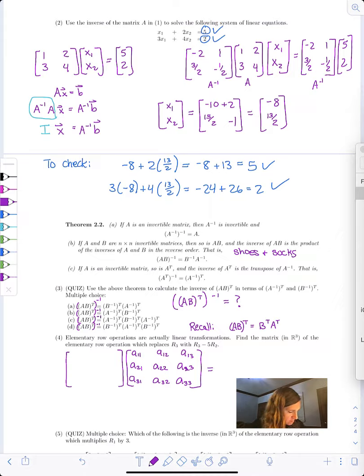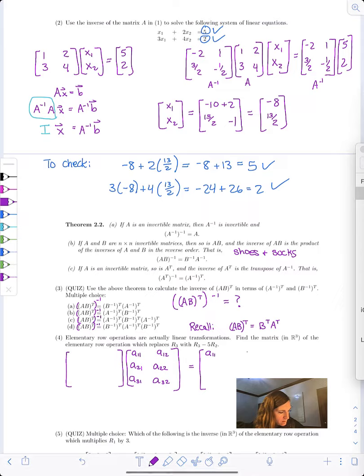But this is just the easiest way, so you get the idea that this can work on any sort of matrix. Okay. So what we want to do is replace row 3 with row 3 minus 5 row 2.